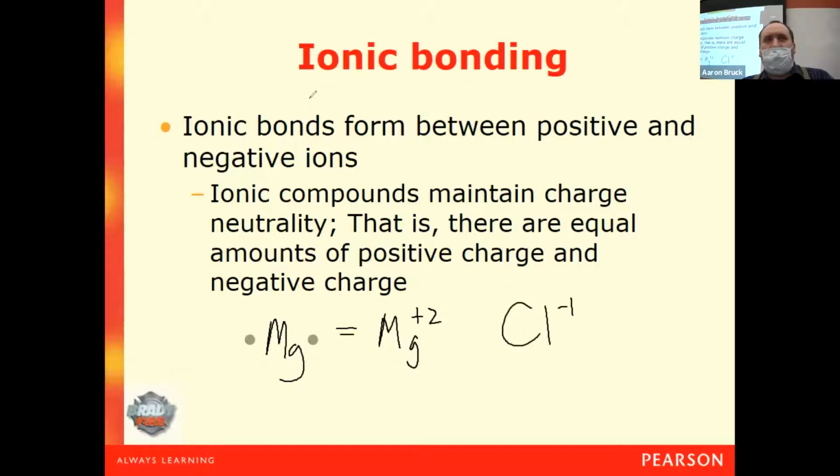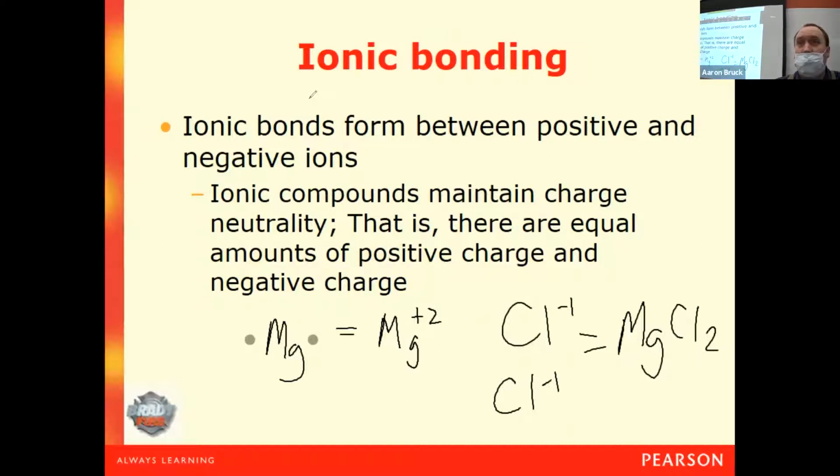Chlorine's capable of taking 1 of those electrons, but it can't take 2. So it needs a second chlorine ion to take the second electron. The net result is that our magnesium chloride compound has a chemical formula of MgCl2.